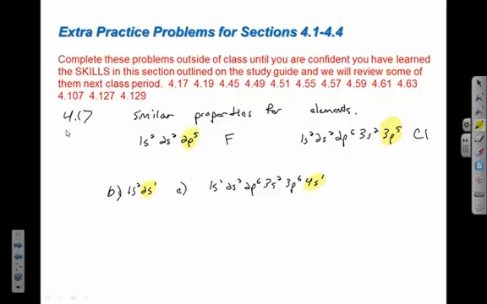And then we can also compare C and F, because they are both noble gases. C is 1s2, 2s2, 2p6. That's 10 electrons. That's neon. And I know the noble gases are in the 6th column of the p block.